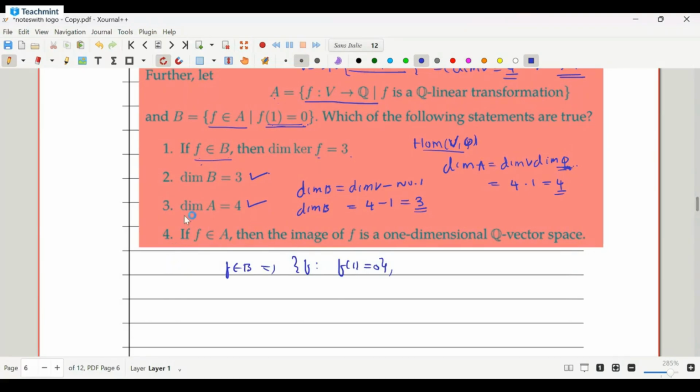And also కెర్నల్ ఆఫ్ f అంటే ఏంటి సార్, kernel of f, set of all f belongs to A, అవునా, such that T of f, f of alpha equal to 0, right, or T of x equal to 0. f belongs to A such that f of alpha equal to 0, where alpha is any element in this.